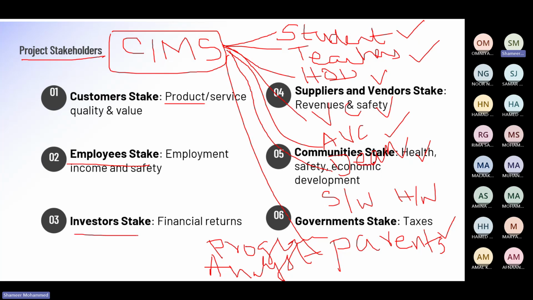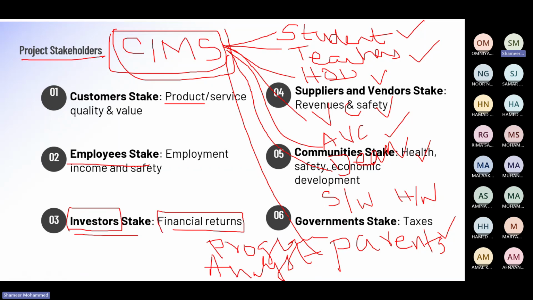Investors, that is, I am investing. For example, the government is giving money to the university to buy this application or to develop this application. So they are the investors. They are investing funds, money. They are putting money. What do they want? They want returns.